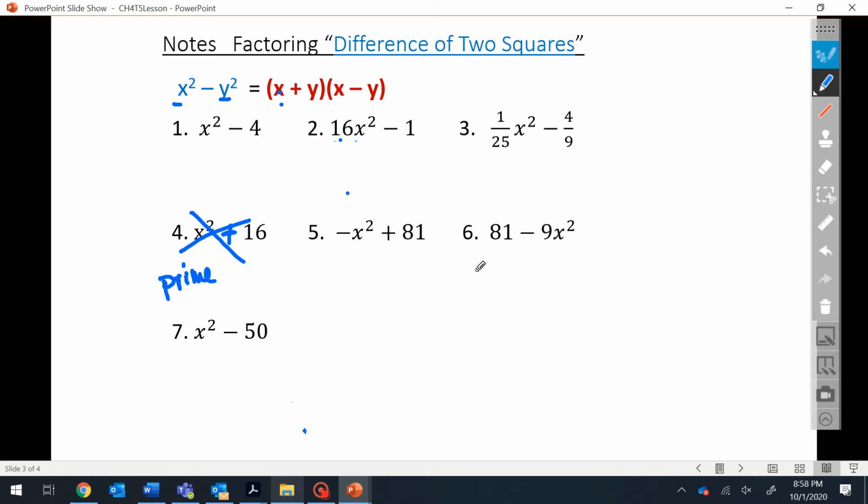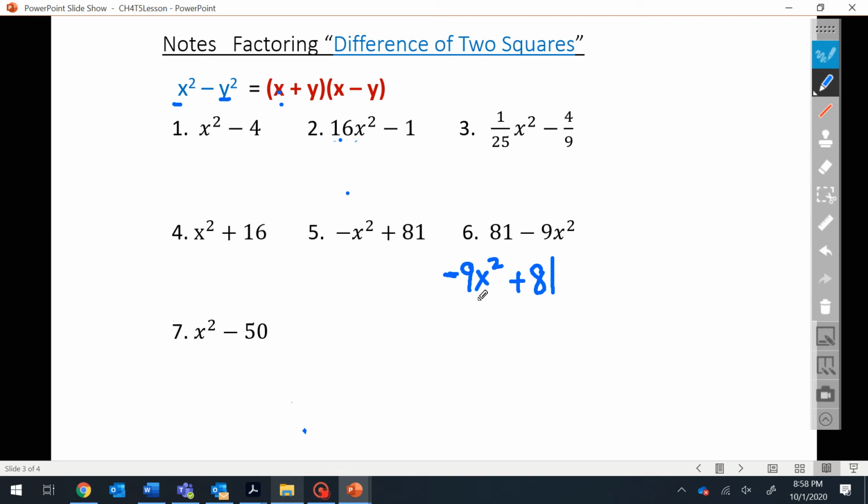Now you could do number 6 by simply doing it as it is right now, but typically we want the x squared to come first. So we would rewrite this first: negative 9x squared plus 81. Just like the previous problem, it starts with a negative now. We could have done it without starting with a negative, but it's better form to put it like this.